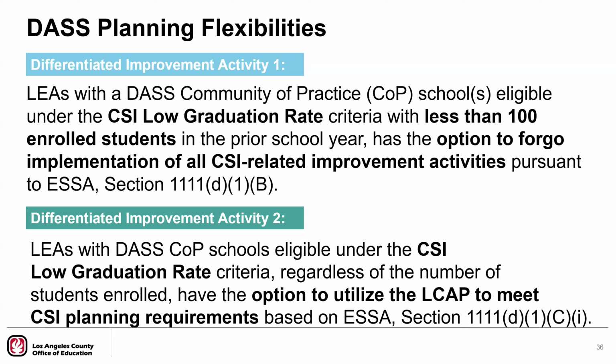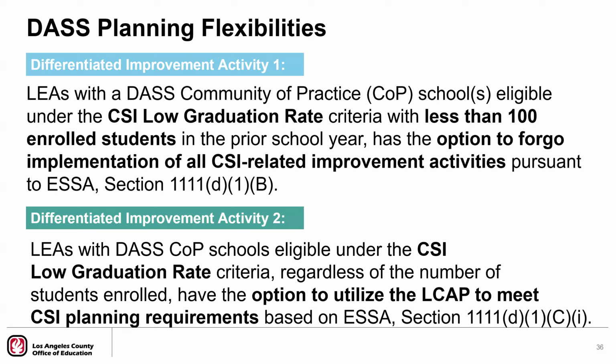This option allows the LEA to forego implementation of all CSI-related improvement activities for that specific school. And so LEAs that choose to exercise this flexibility do not have to develop or implement a CSI plan for its DASS COP school eligible under CSI low grad rate, again with less than 100 students, and also will forego the CSI funding associated with that school.